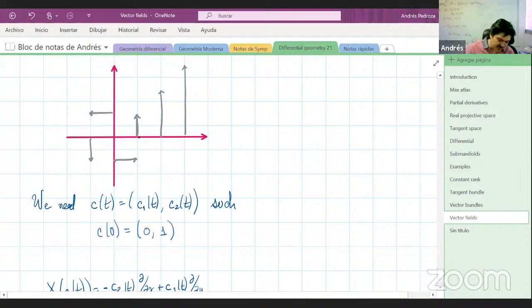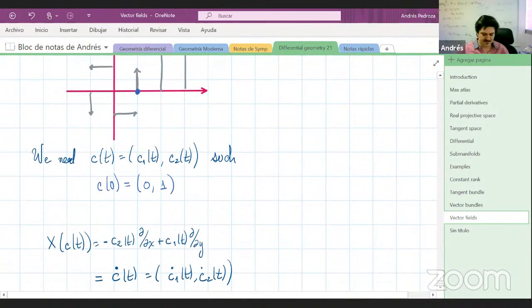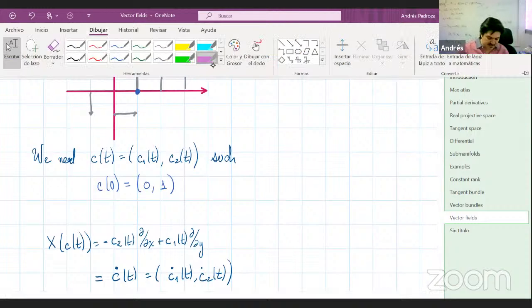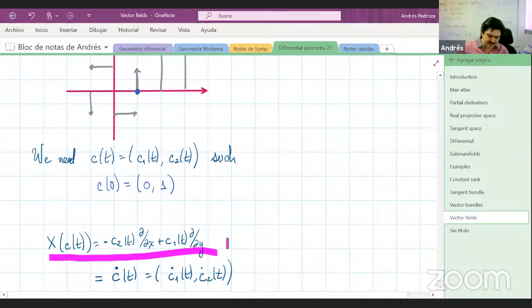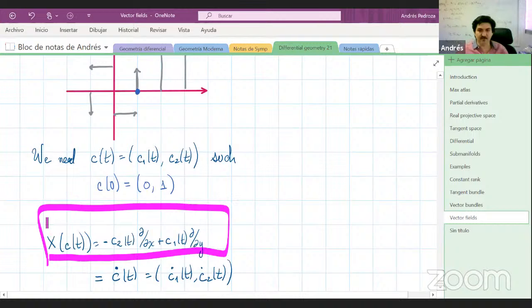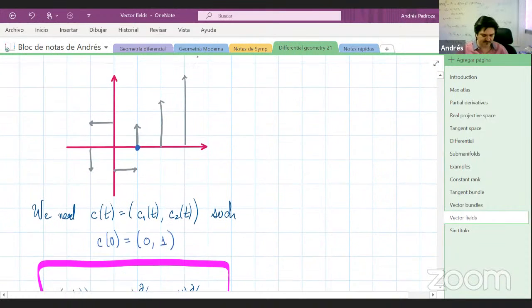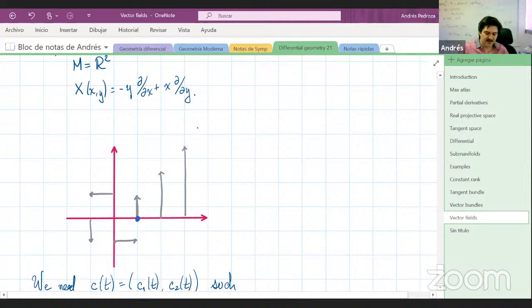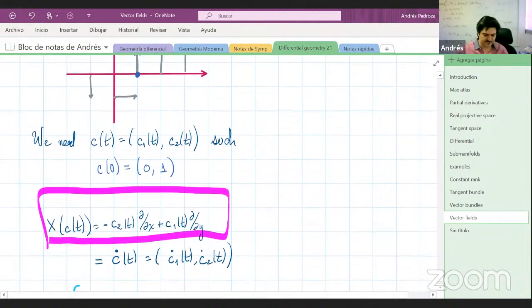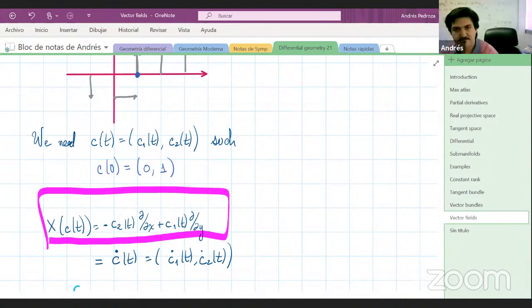That's going to be our initial condition. Okay? What I wrote here is just the definition of that vector field X. Let me go up so that you can see what's the definition of the vector field. Minus Y and X. And that's what we have here.